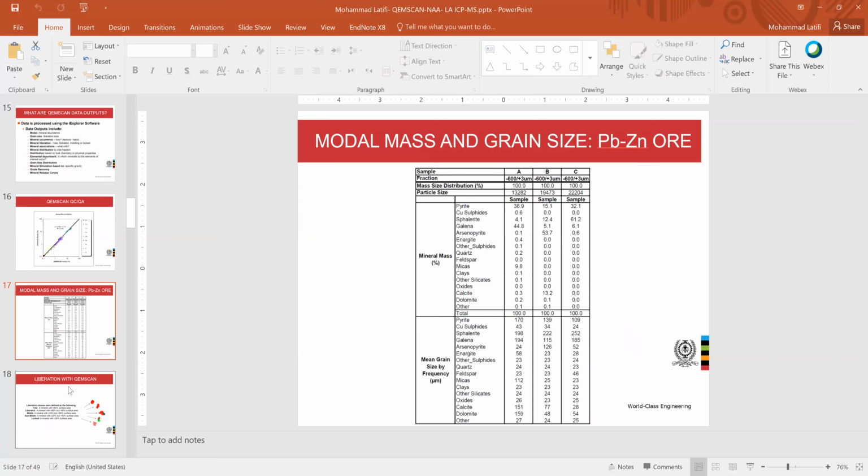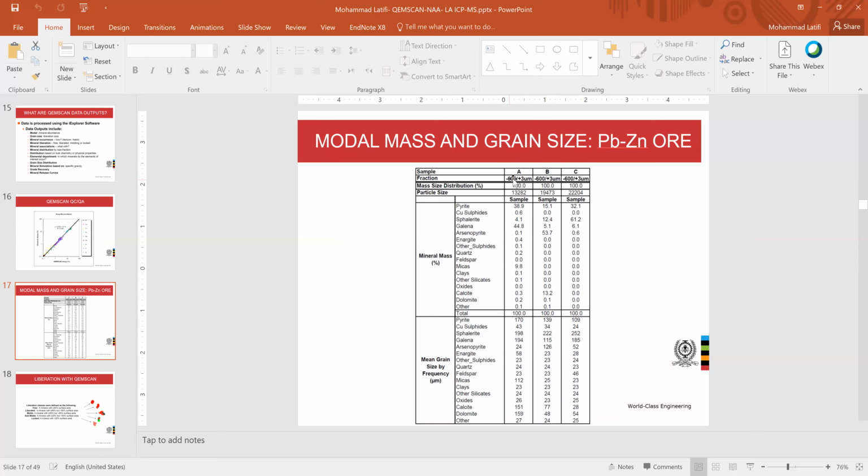Now, let me show you some typical and interesting data that you can obtain from ChemScan. Consider a lead zinc ore with different samples of A, B, C. So similar ore, they are Pb-Zn ore, but from different locations. But imagine here, all three samples have similar size distributions.